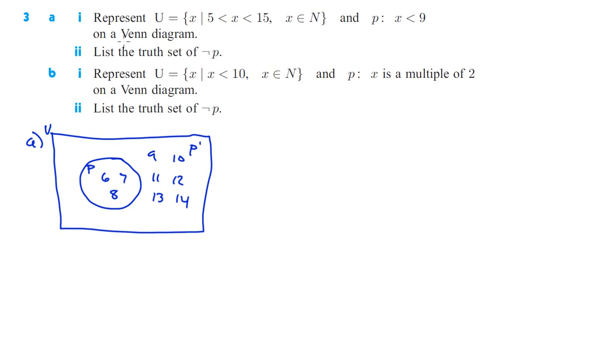The nice part about this is, list the truth set of not P, and we just figured out what not P is. So we would just list that off as 9, 10, 11, 12, 13, and 14. And we would just list that as the set of numbers, and we can go P prime equals that. Okay, so there's A.